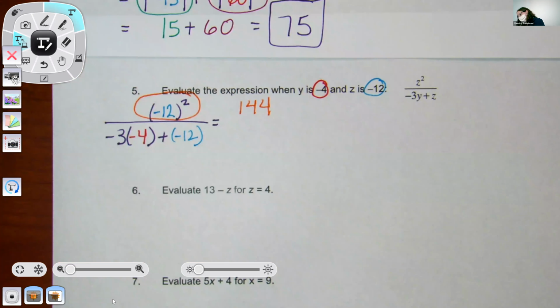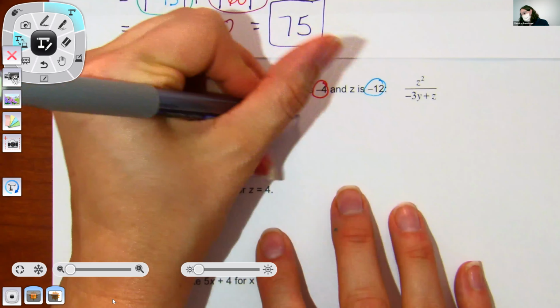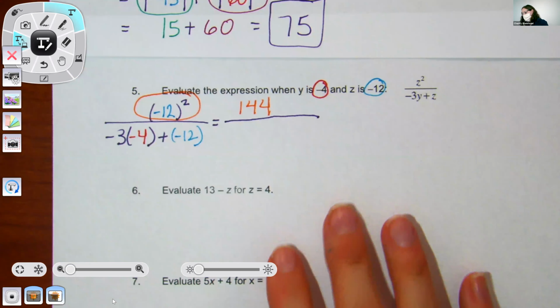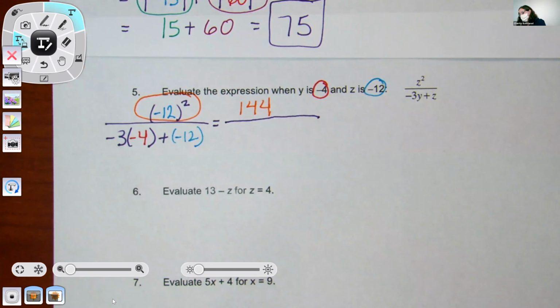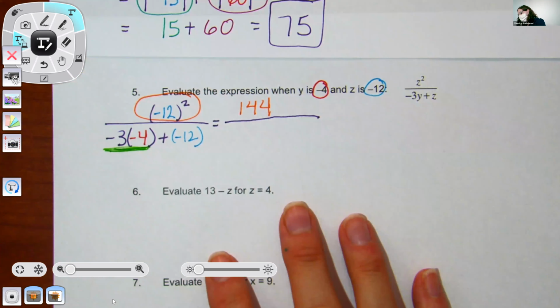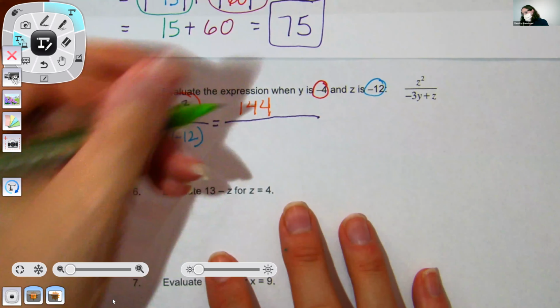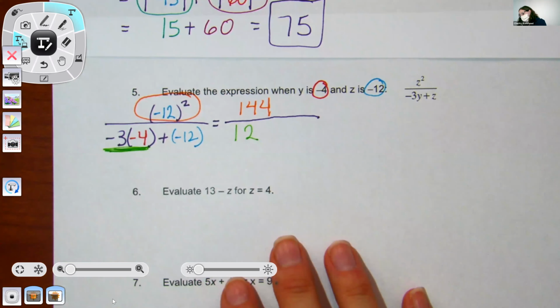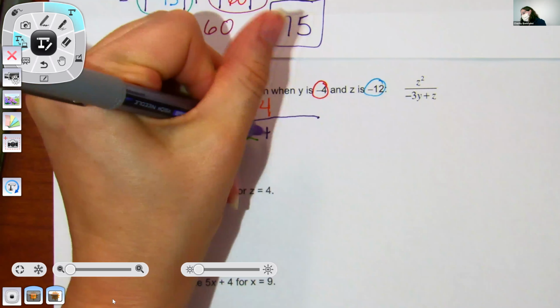All right, and then we can work on the denominator. So within the denominator, the first thing we would need to do is multiply negative 3 times negative 4, which would equal positive 12. So I've got positive 12 plus negative 12.